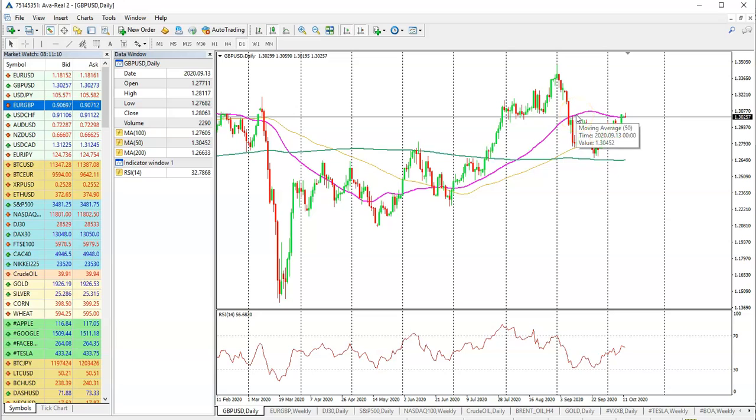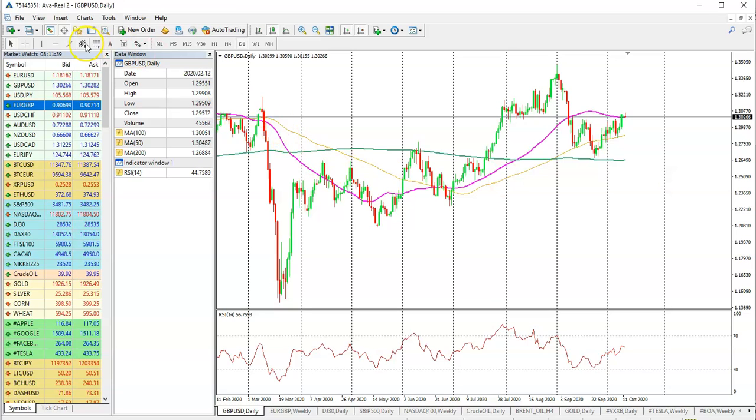Now, of course, these three different lines are also known as moving averages because they represent your average price for a specific time period. So this pink one, we can classify as your 50-day simple moving average. Then the orange one will be classified as your 100-day simple moving average. Followed by that is your 200-day simple moving average.